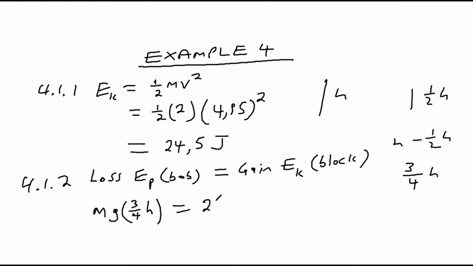Then this is equal to the kinetic energy gained, which is 24.5. Then we make h the subject of the formula. We get 24.5 divided by 3 times 4, giving 0.66666, which is rounded off to 0.67 meters.